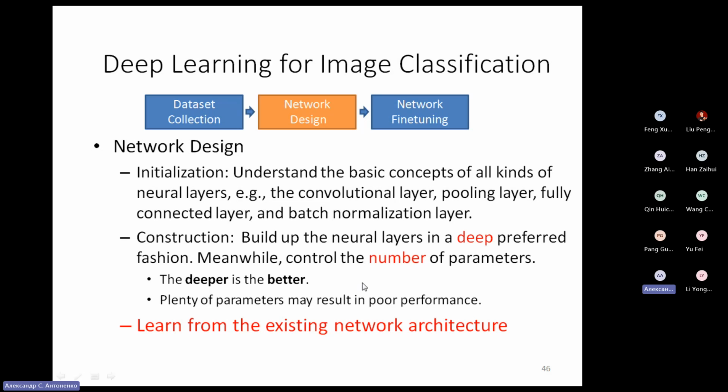Then network design. We should use some neural layers, and we can combine different types. In principle, we can use different types of neural layers, but maybe the most important is the convolutional layer. Also, we will use a pooling layer, a fully connected layer, and a batch normalization layer.